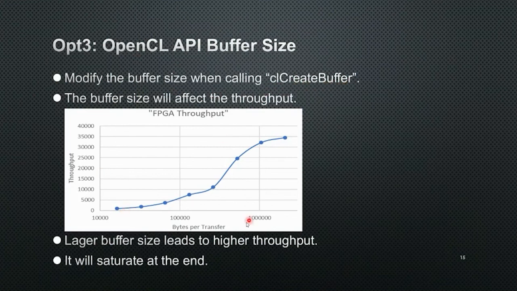And this figure shows the experiments we ran on the FPGA card using different buffer sizes. The plot shows the throughput versus buffer size. We can see that larger buffer size can lead to higher throughput, but it will saturate at the end.